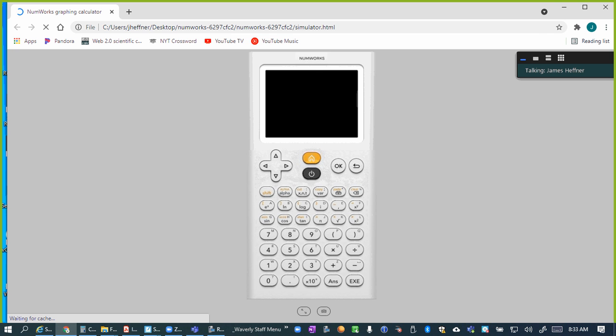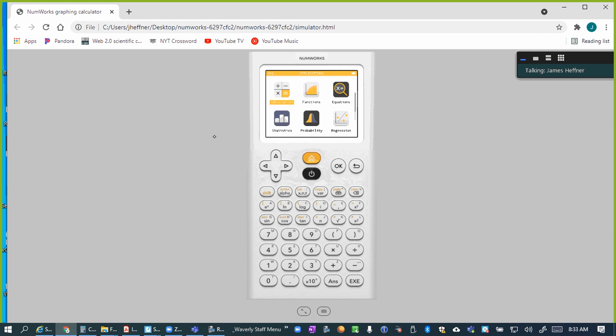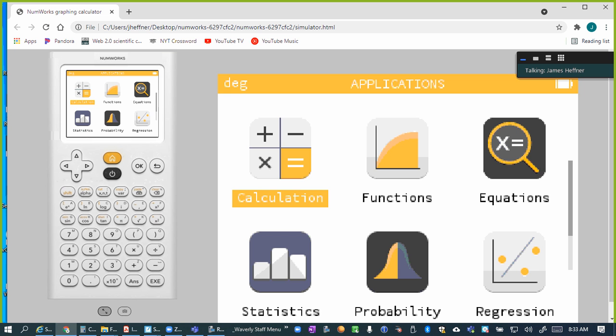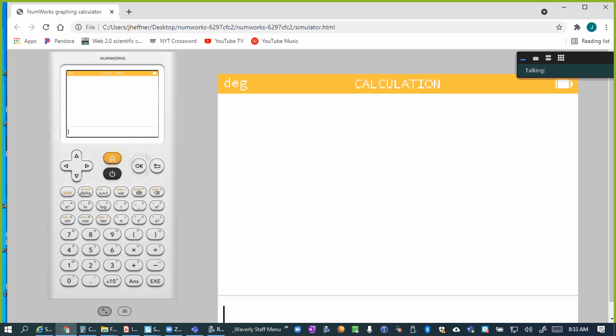Turn it on. There it goes. Oh, good. It's on calculation. You guys see the calculator? So what are we going to do? 0.02 divided by 12.